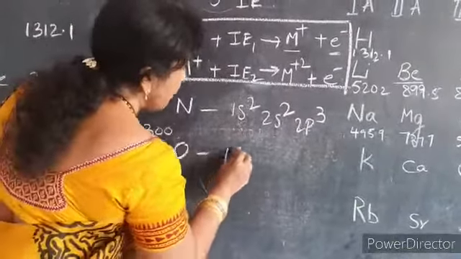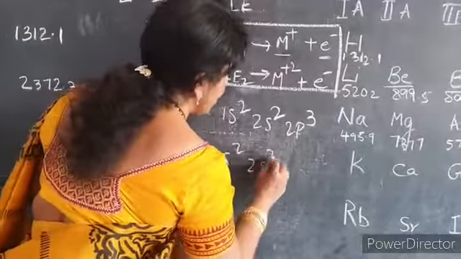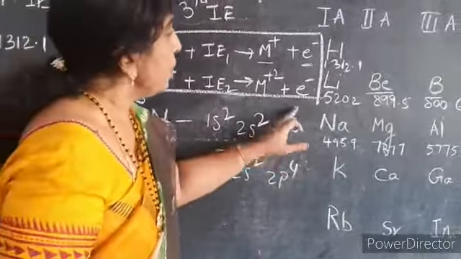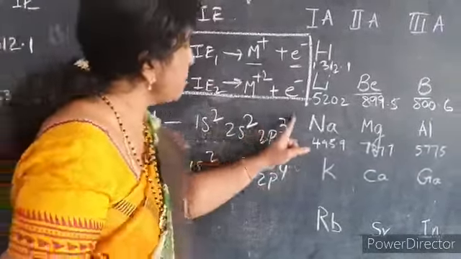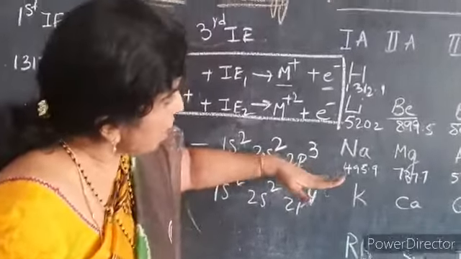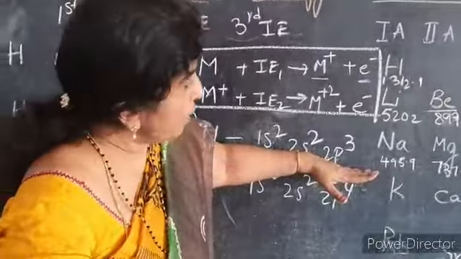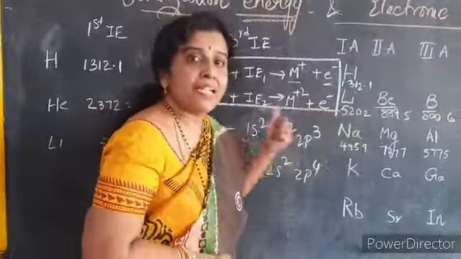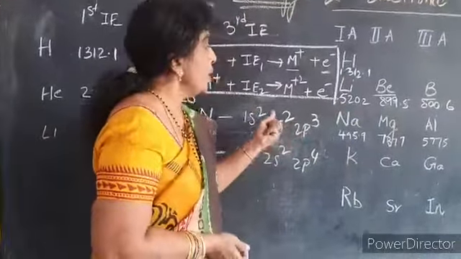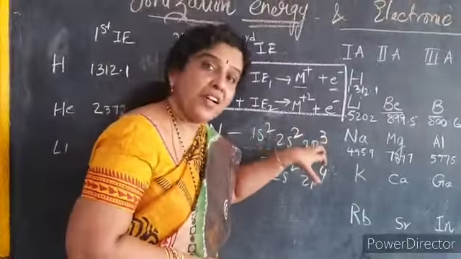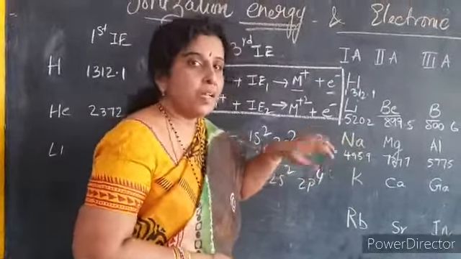Coming to oxygen, 1s2, 2s2, 2p4. So here the p orbital of nitrogen has exactly 3 electrons. So either a half filled orbital or a completely filled orbital gives stability to the atom. So you need to apply more energy to remove the electrons from half filled orbitals or completely filled orbitals.